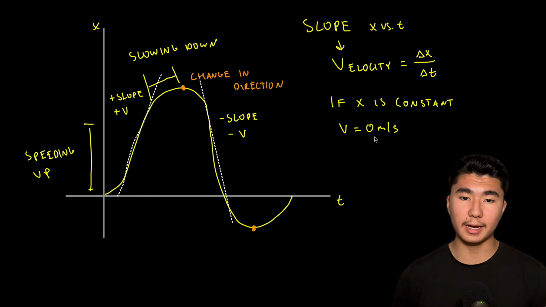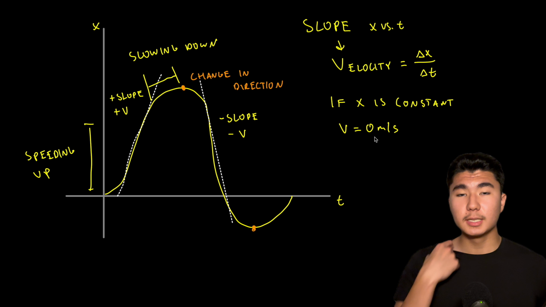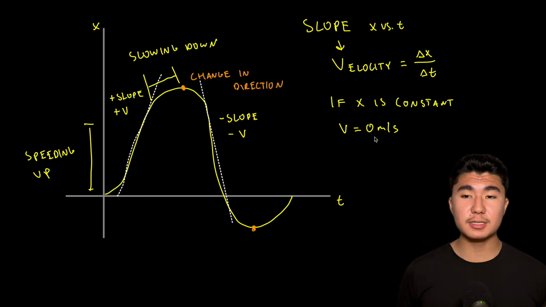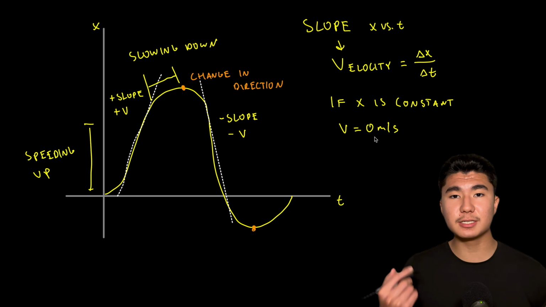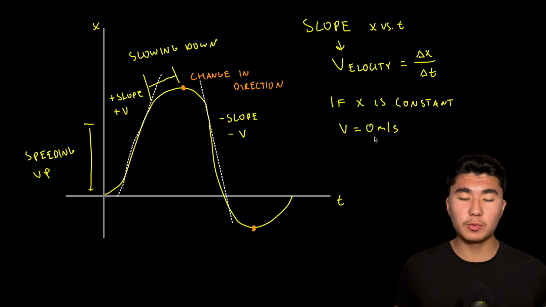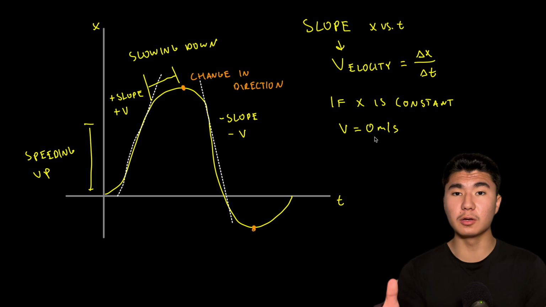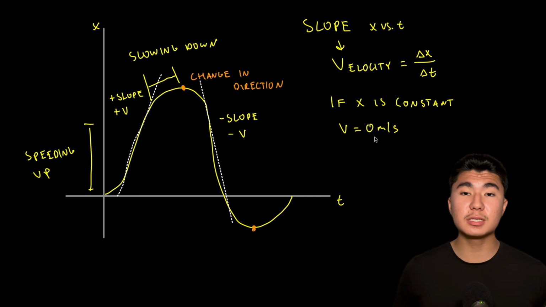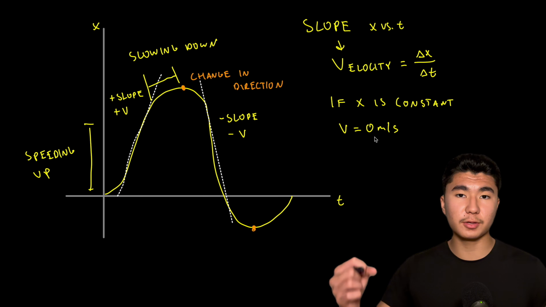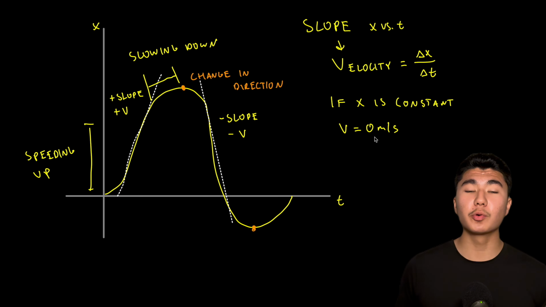We're slowing down because our velocity and acceleration are in different directions. As you can see, our velocity is positive, but our acceleration is going to be negative, so that's why we're slowing down. Anytime we get closer to a change in direction, we're slowing down. Anytime we're getting farther away from that change in direction, we're speeding up.